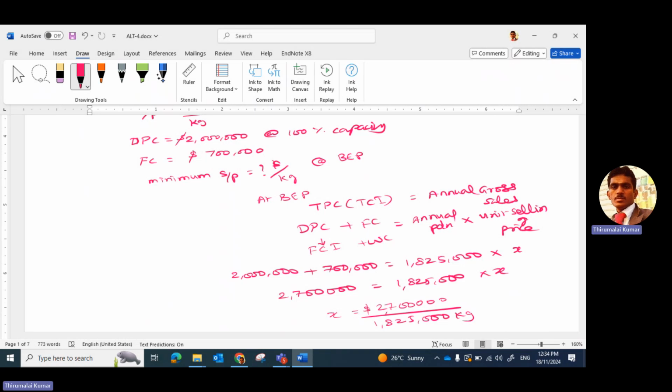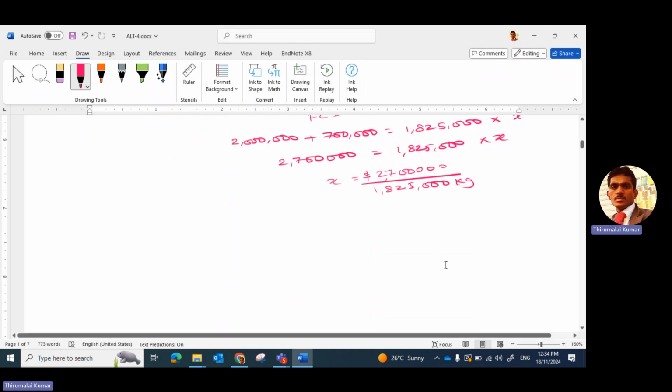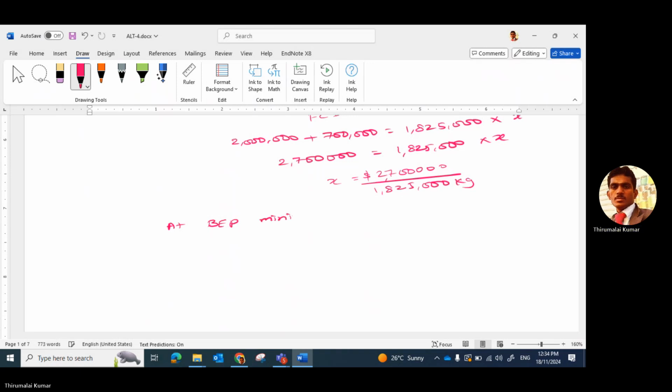So at the end, the minimum selling price at break even point is equal to dollar over 1 kilogram 1.479, which is approximately 1.48.